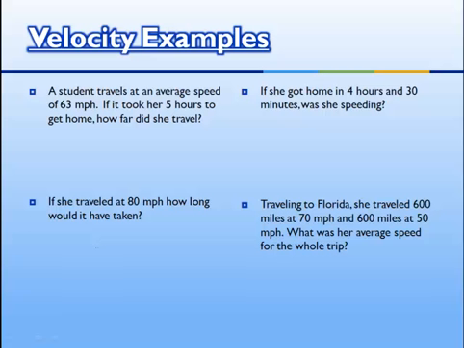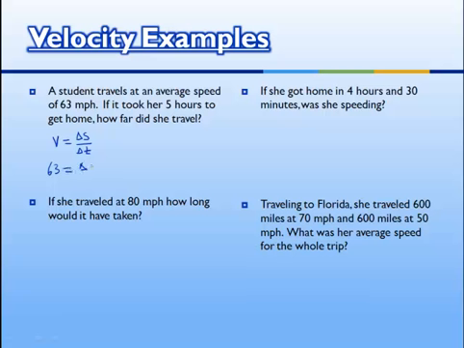First, a student travels at an average speed of 63 miles per hour. Suppose it took her 5 hours to get home. How far did she travel? We can answer this question using the definition of average velocity. That is the total distance divided by the total time. We were told the velocity is 63.